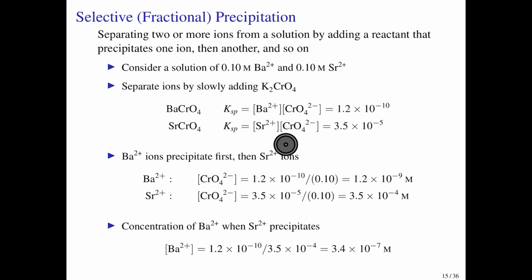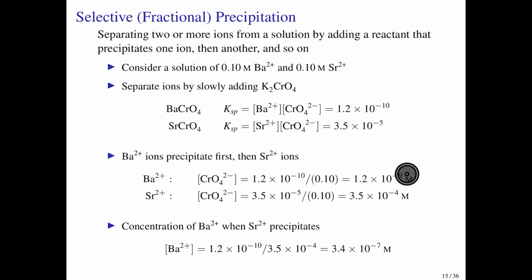Let's go through the details. What you can do is calculate what chromate concentration is required in order to get the barium chromate to precipitate. Likewise, you can do a calculation for the strontium chromate. And so those calculations are laid out here. I'm taking the KSP expression and rearranging it and solving it for the chromate concentration.